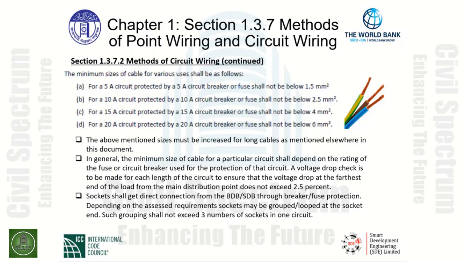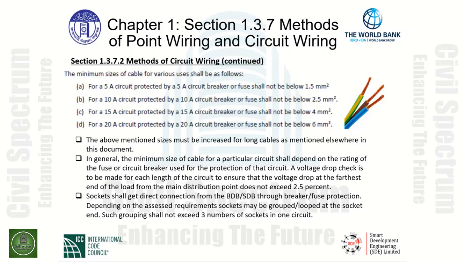Sockets shall get direct connection from the BDB, SDB through breaker or fuse protection. Depending on the assessed requirements, sockets may be grouped, looped at the socket end. Such grouping shall not exceed 3 numbers of sockets in one circuit.